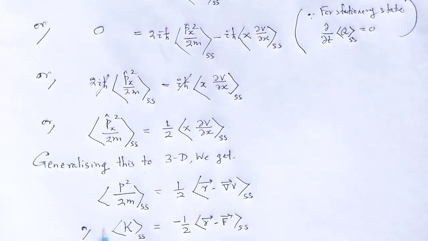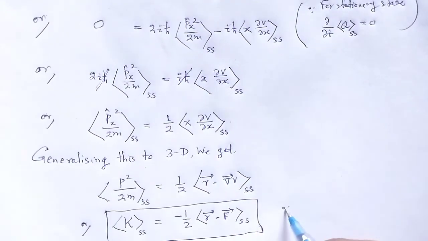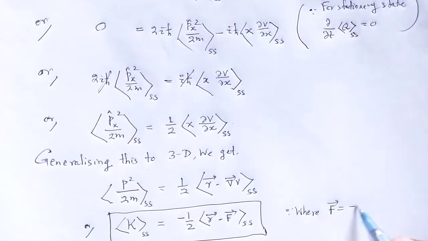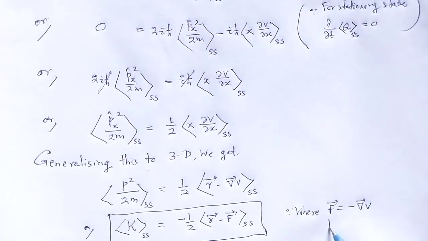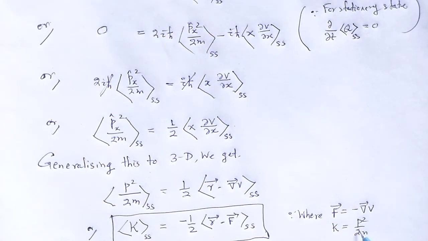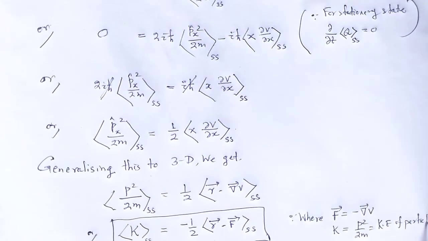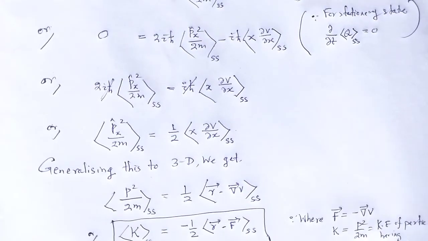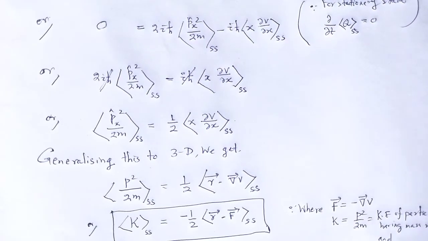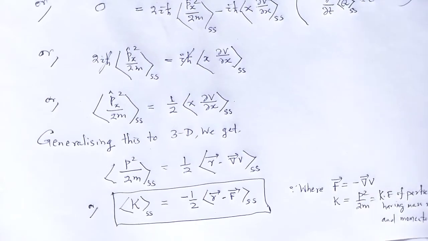expectation stationary state, where f vector is the negative of the potential gradient, and k is the kinetic energy p square by 2m, the kinetic energy of a particle having mass m and momentum p.